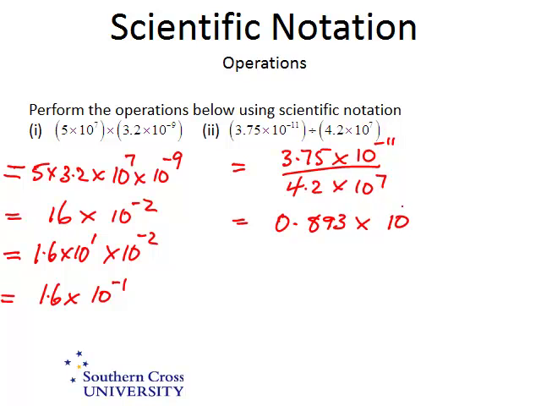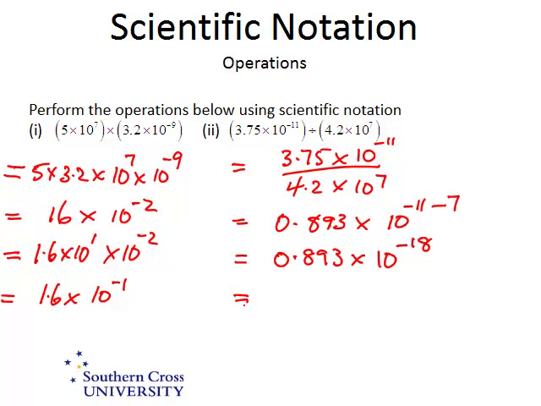Subtract the exponents because it's division, and you've got positive 7 there. So this is 0.893 times 10 to the negative 18.